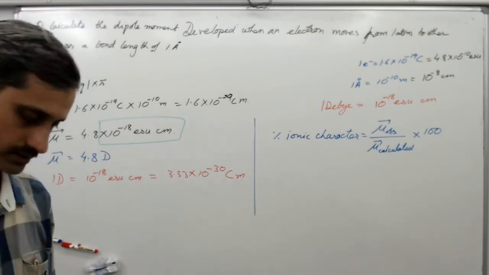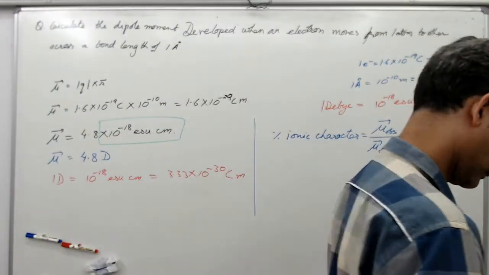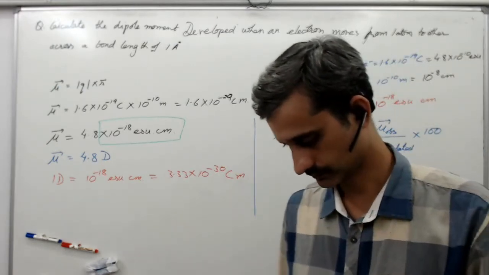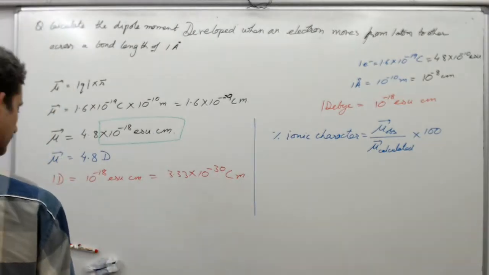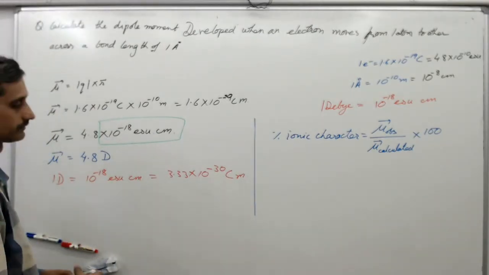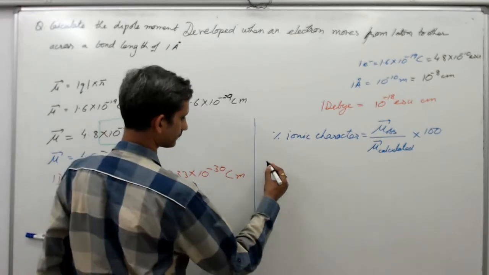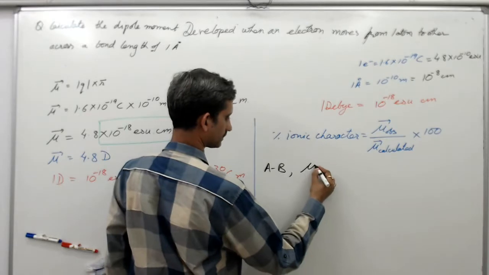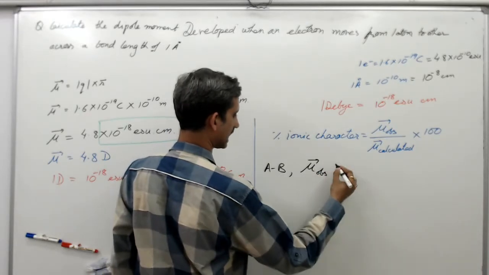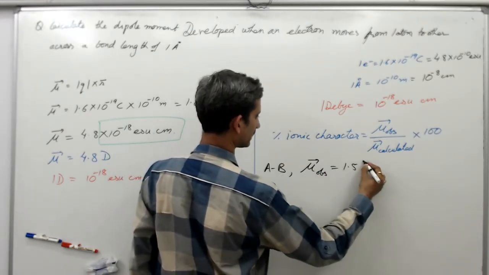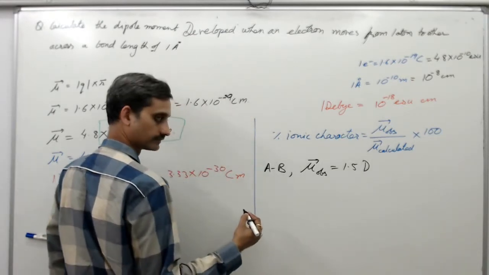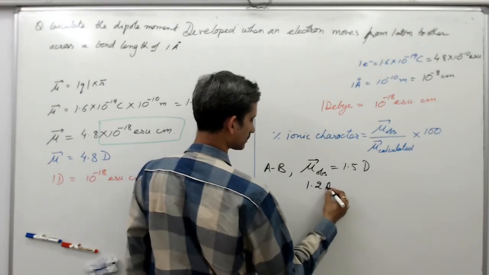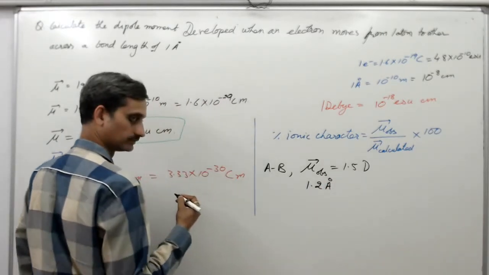Now write a question. Question is, for a molecule AB, the observed dipole moment is 1.5 debye and the bond length is 1.2 angstrom.